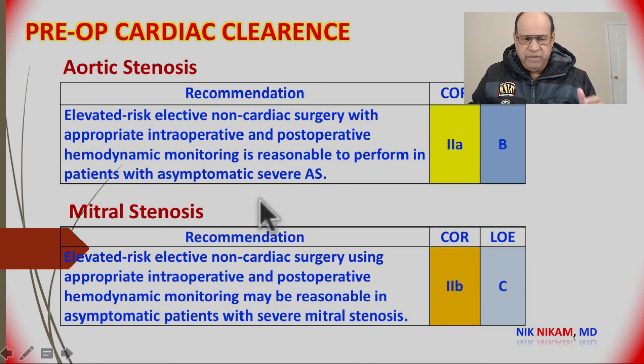While this may be beyond the expertise of an internist and even an everyday cardiologist, I think we have to assess the overall risk before we can clear these patients for elective non-cardiac surgery.